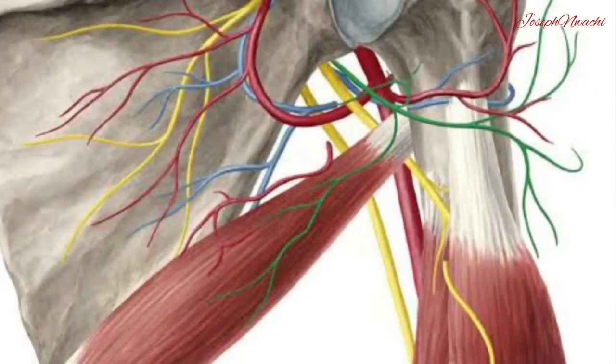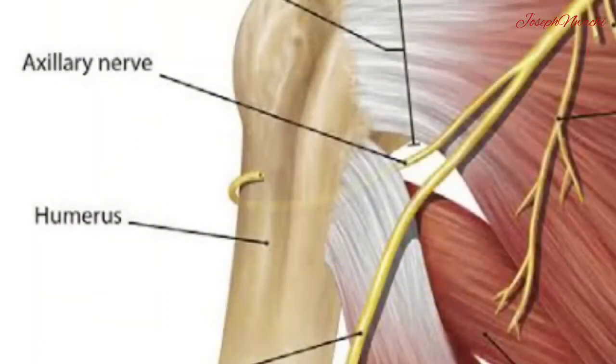But before then, the axillary nerve divides into three different branches: the posterior terminal branch, the articular branch, and the anterior terminal branch. The posterior terminal branch gives motor innervation to the teres minor muscle and the posterior part of the deltoid muscle.